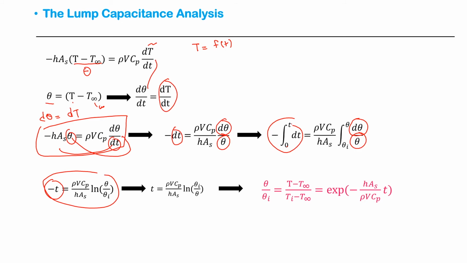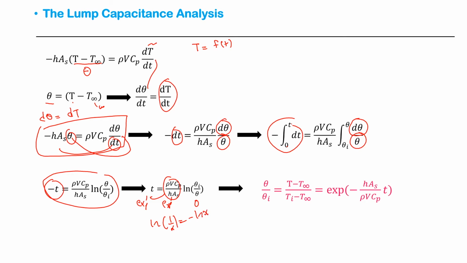I can rearrange this equation because I'm interested in the change in temperature of the object with time. I'm going to take the exponent of both sides. You can combine these terms with t here and flip them around. ln 1 over x is equal to minus ln x.